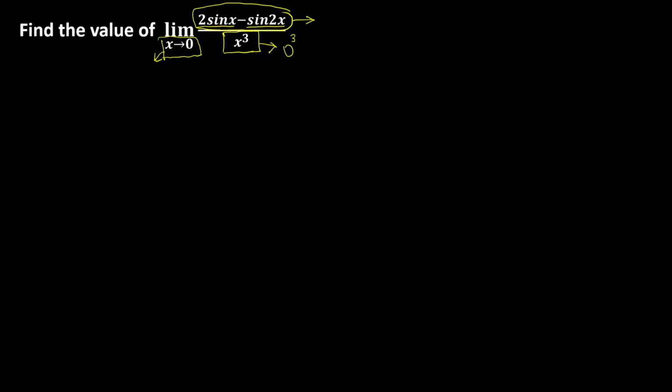I notice there is a sine 2x, and sine 2 theta is nothing but 2 sine theta into cos theta. Remember that our goal is to get degree of sine as 3 in the numerator. So let's start to solve it.